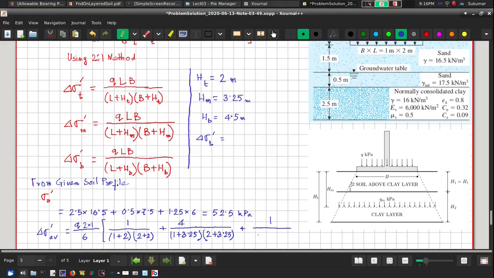So L plus HB is 2 plus 4.5. Let me write down the final value, 6.5 into B plus HB. B is 1, so it is 5.5.